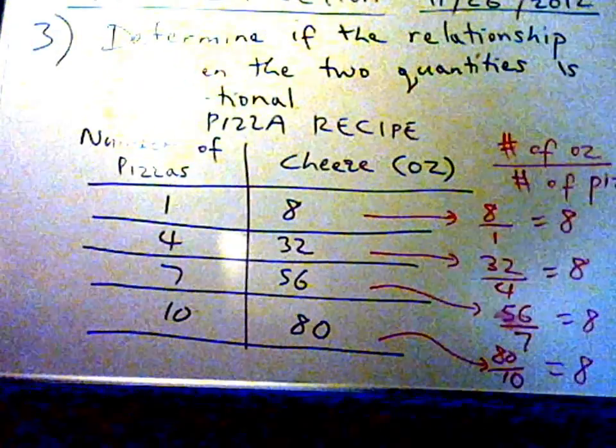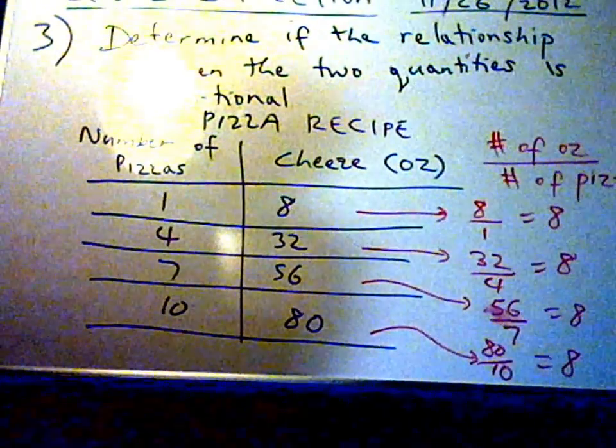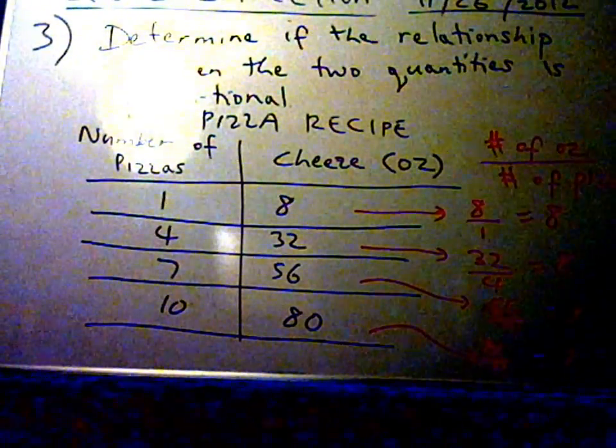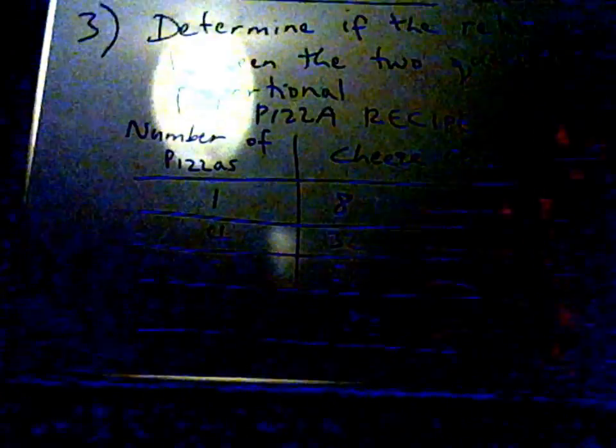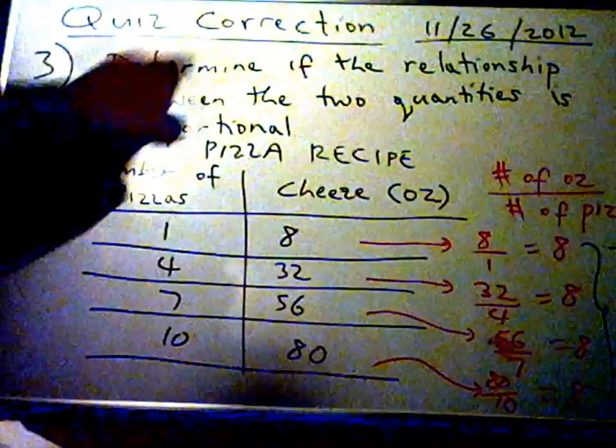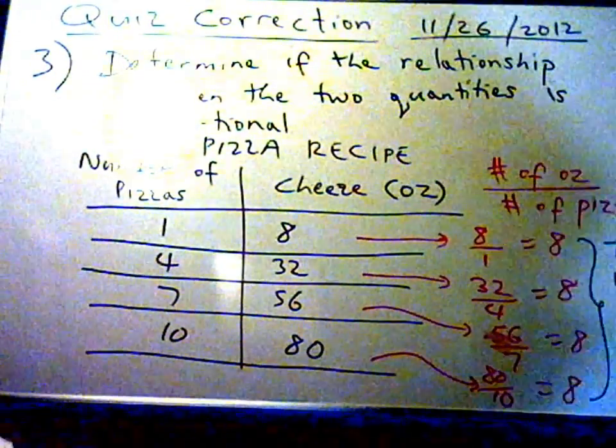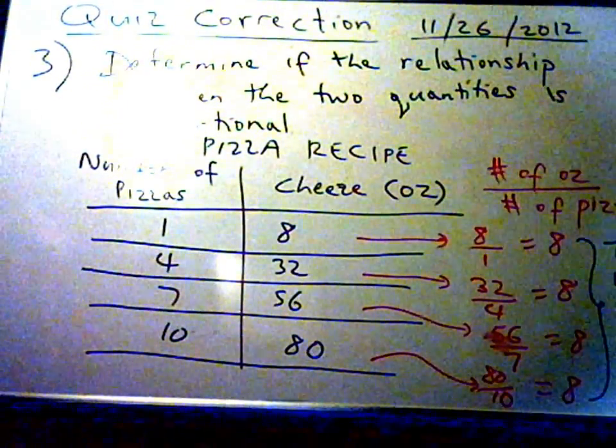So there's a constant ratio, which is the unit rate here, 8 ounces per pizza.